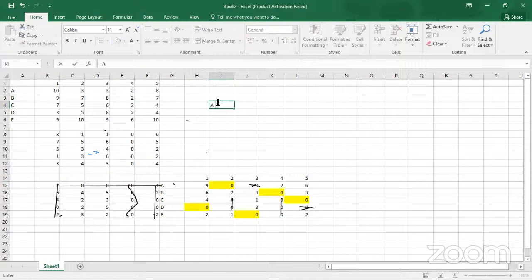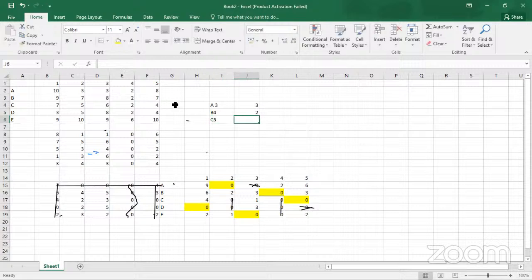A3. How much is the cost? 3. B4. How much is the cost? 2. Then C5.